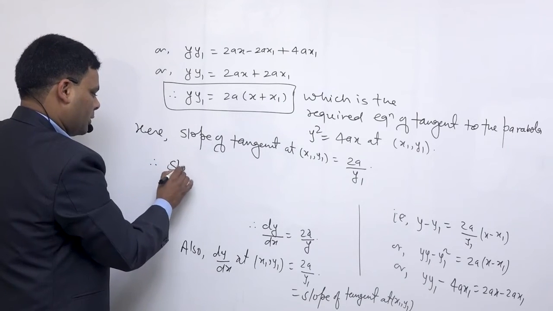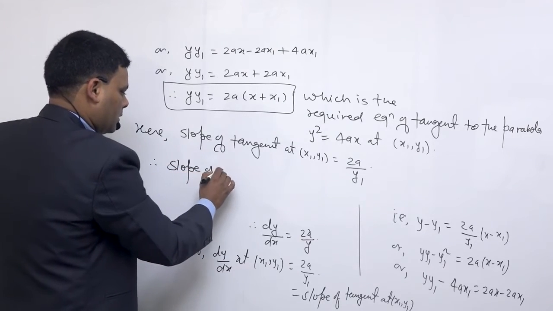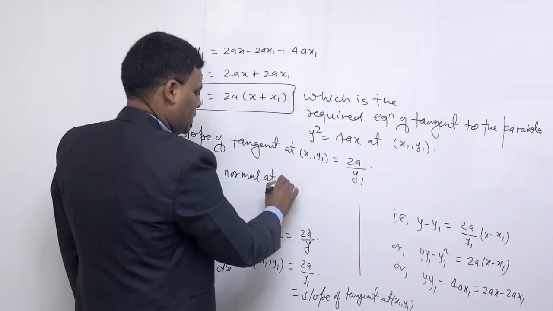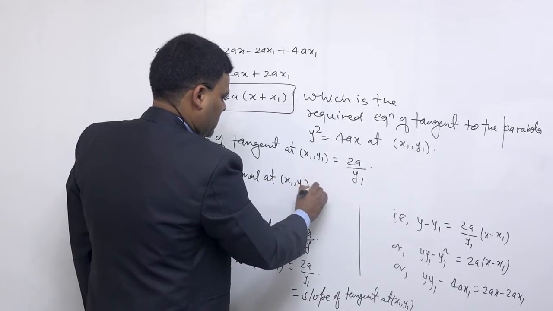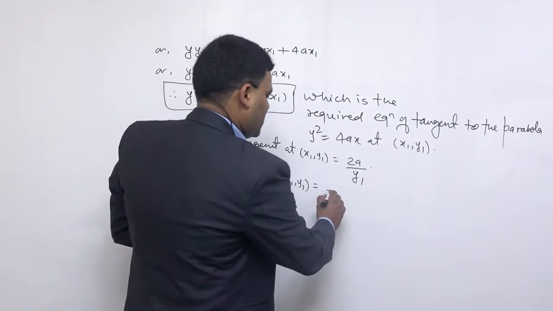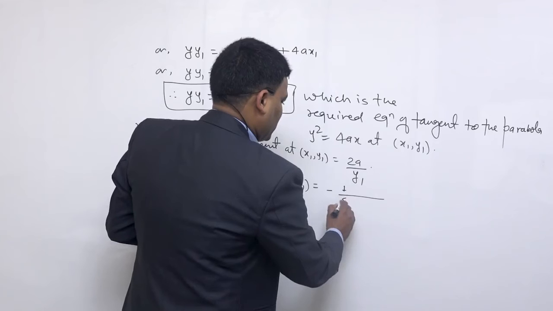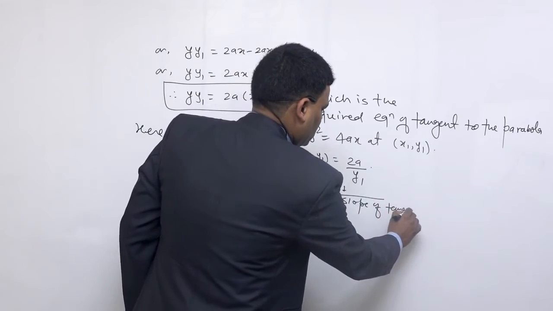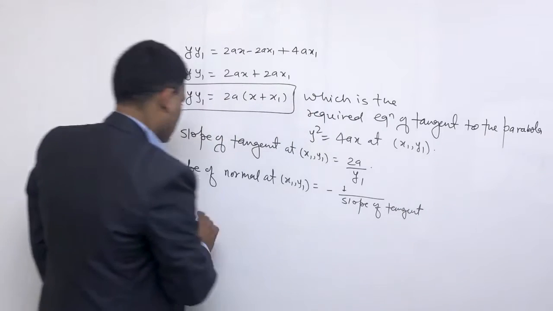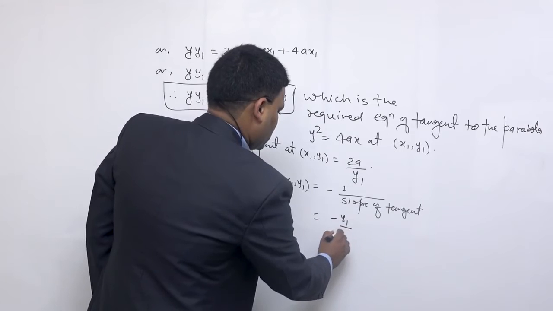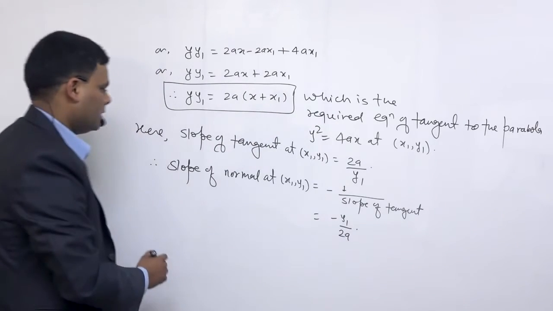Therefore slope of normal at x1 y1 equals to minus 1 upon slope of tangent, equals to minus y1 by 2a.